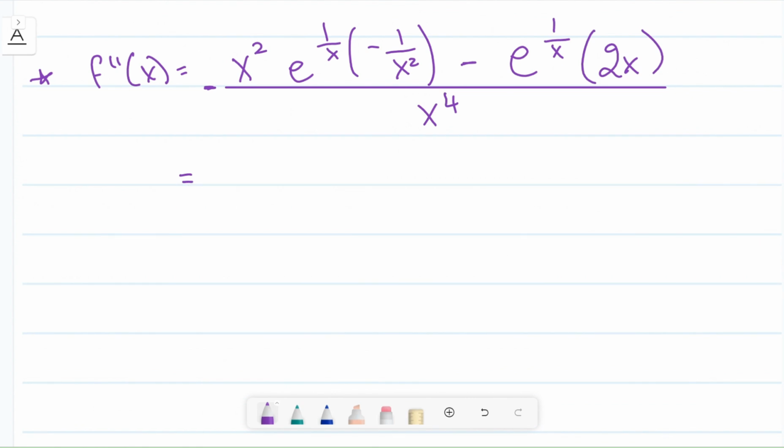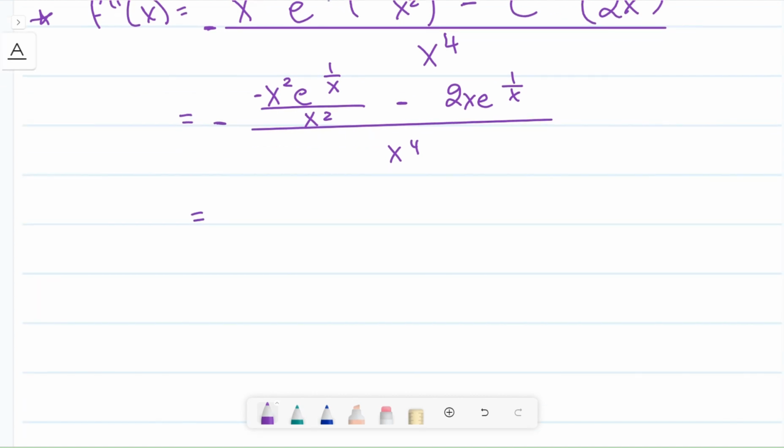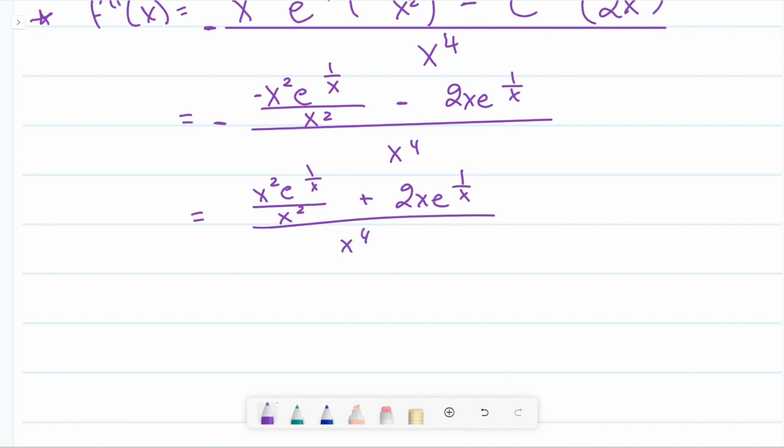So if we were to simplify this, let's go ahead and do it. This gives us x squared e to the 1 over x divided by x squared, and this is negative, minus 2x e to the 1 over x, all divided by x to the power 4. Let's distribute the negative sign, so we get x squared e to the 1 over x divided by x squared plus 2x e to the 1 over x divided by x to the power 4.